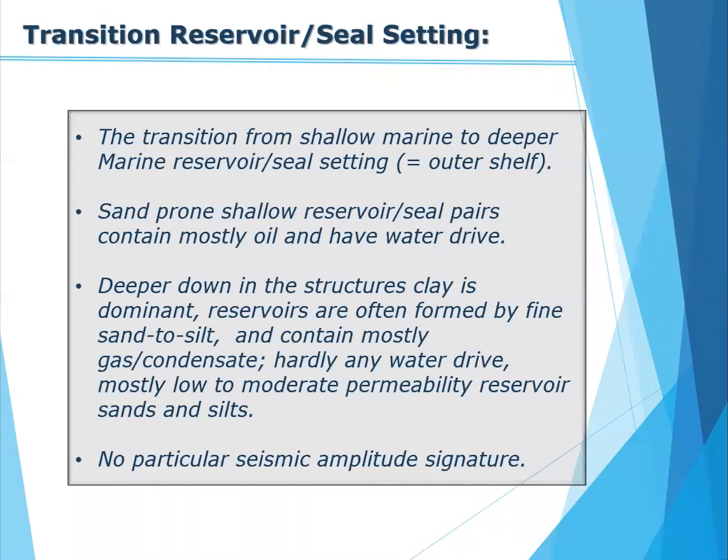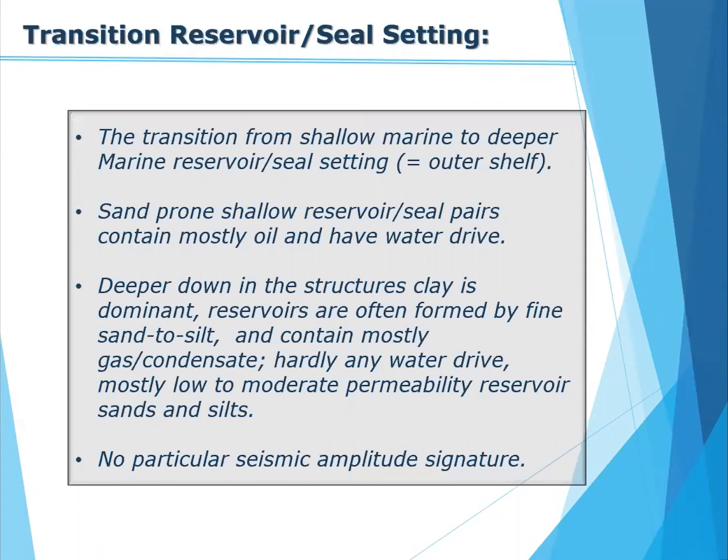So when we now summarize the transition realm, we are going from shallow marine to deeper marine reservoir and seal settings to the outer shelf. If we go to the sand-prone shallow reservoir-seal pairs, we see that they contain mostly oil and have water drive.